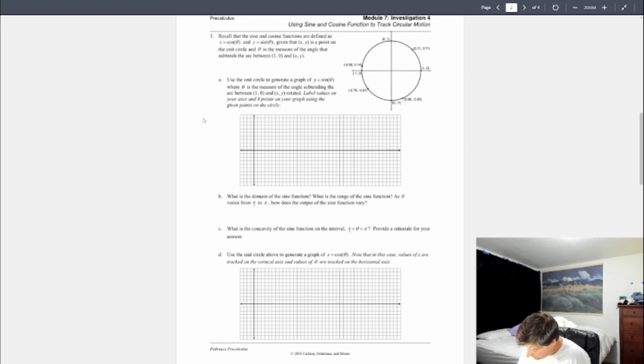As theta varies from pi over 2 to pi, how does the output of the sine function vary? Slowly at first, then fast. What's the concavity? I don't know what that means.